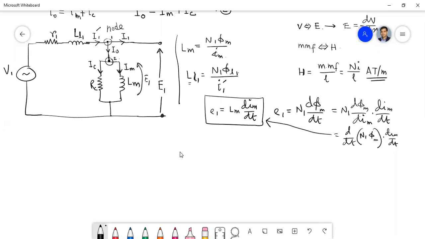Sir, is the small R1 the resistance of the wire and the coil, the primary coil? Yes, this is the winding resistance.